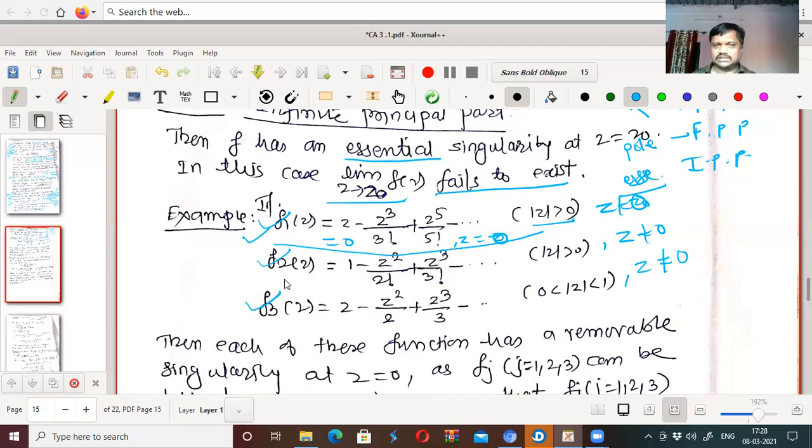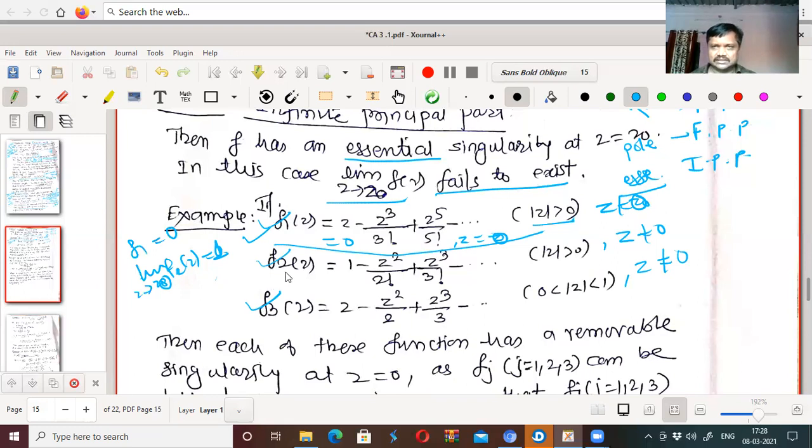Similarly, f2(z). The limit as z tends to 0 of f2(z) is what? 1. For the first, the limit of f1 is equal to 0 at z equal to 0. The limit of f2 is equal to 1. That means it exists, and the principal part is absent here.